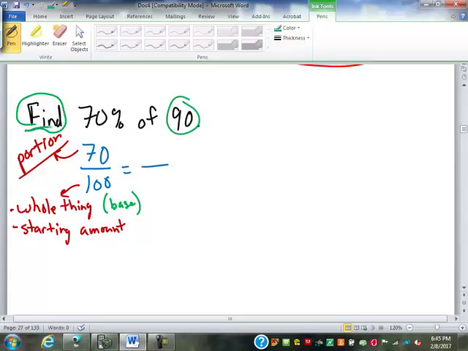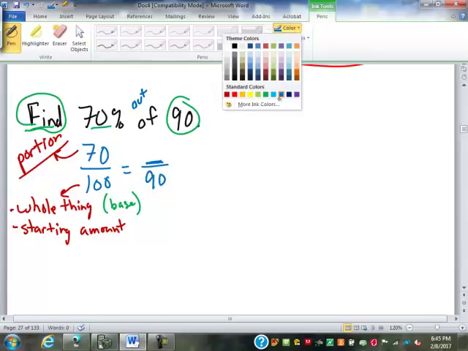Well, if we look at this, we're asked to find 70%. That's implying that what matches up with 70 is what we're trying to find. Also, if we look at this as of 90, you might want to read that as out of 90. That implies the 90 is on bottom. We're taking it out of 90.